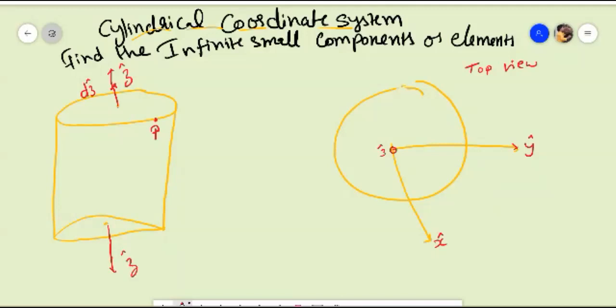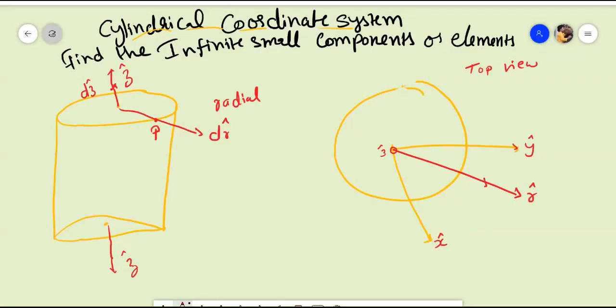So what are the different directions of the cylinder? This direction is the R cap or radial direction. To show it here, we show it in this form. This is our R cap, and the small distance is called dr cap.